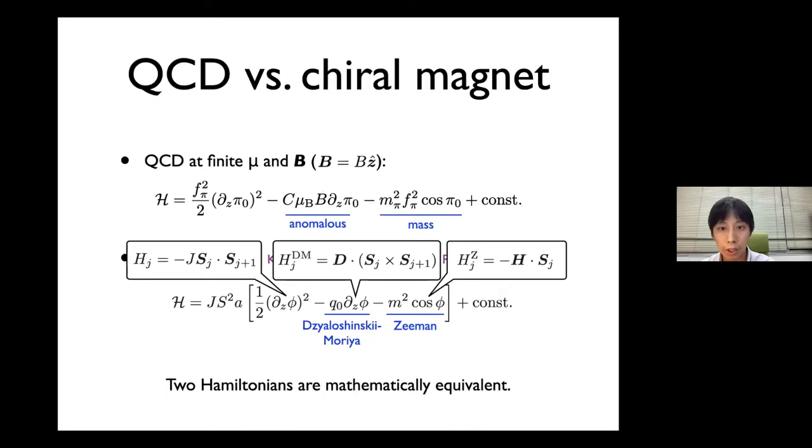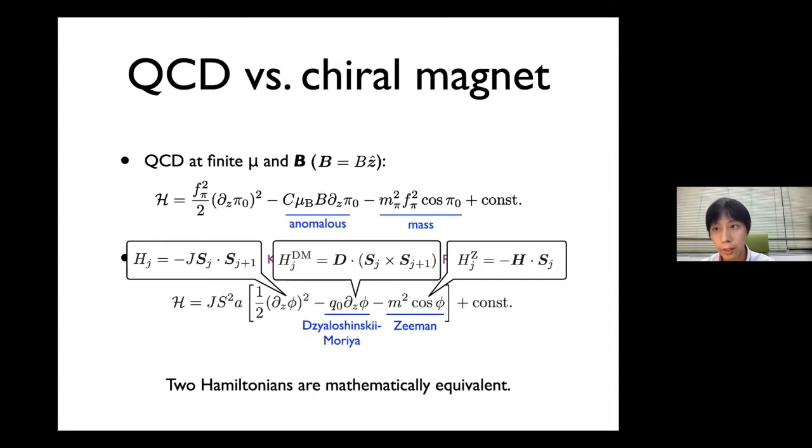By taking the continuum limit, one can show that this Dzyaloshinskii-Moriya interaction reduces to this form. This can be written in a way that the first derivative of the spin angle.